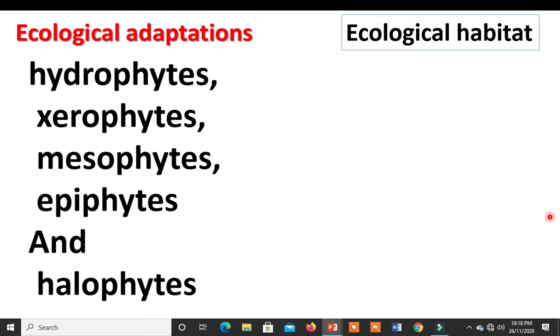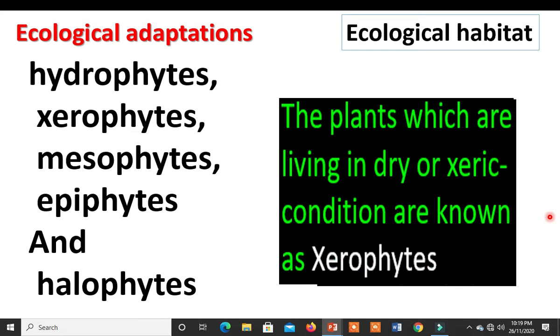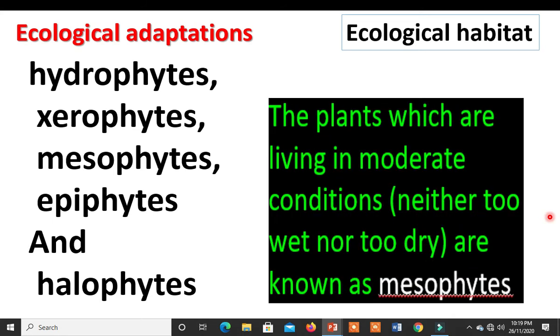We have learned about some of the types in lower classes. Hydrophytes are plants which live in water or wet places. Xerophytes live in dry areas. Most of the plants we see around us are mesophytes. They need a moderate amount of water.